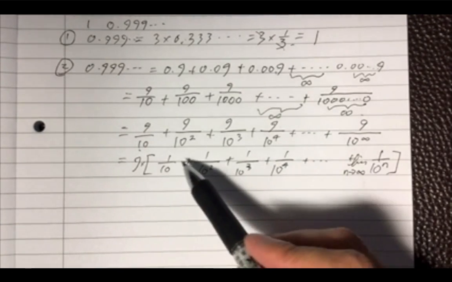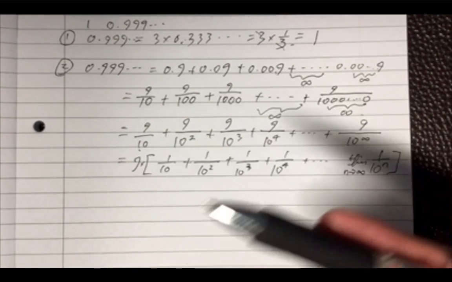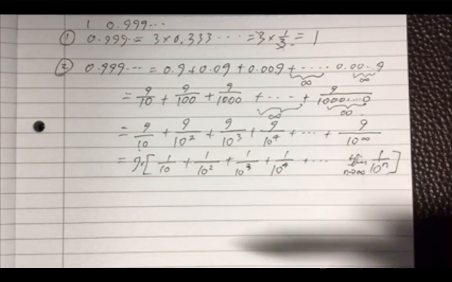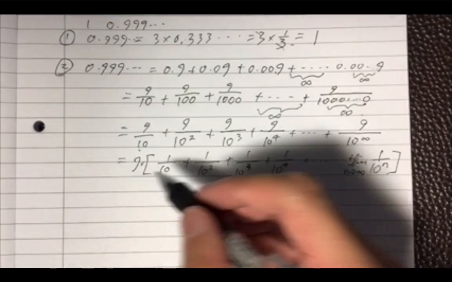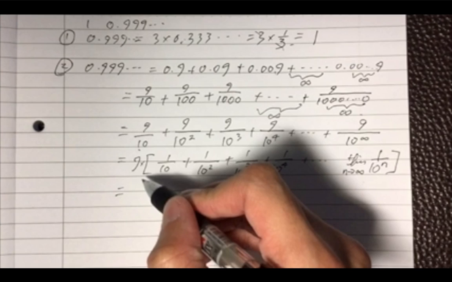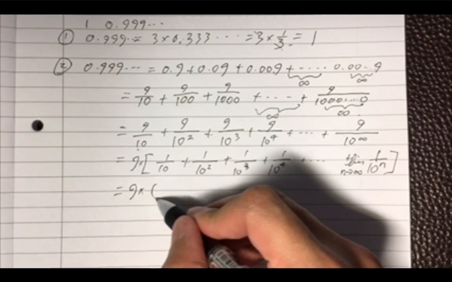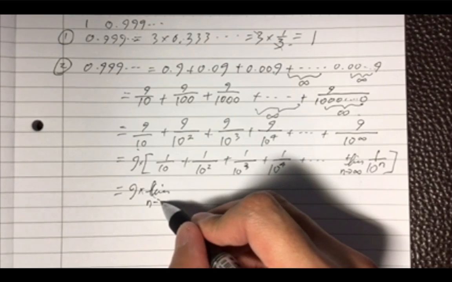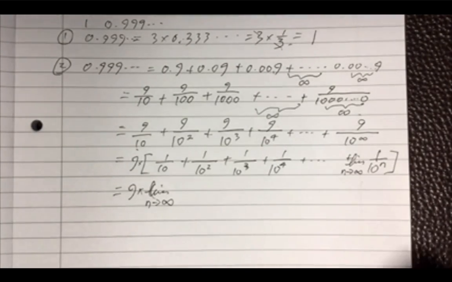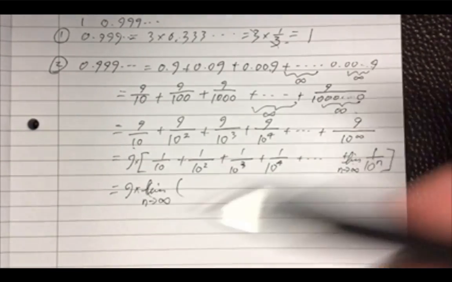So with all those things into something like a 10 to the power of something, such as 9 times limit n is approaching infinity, right? We just shift this out.